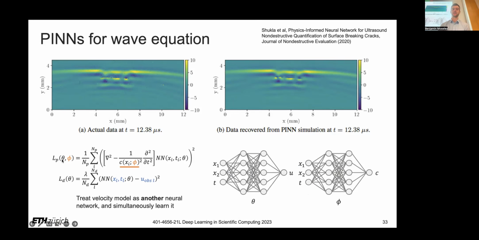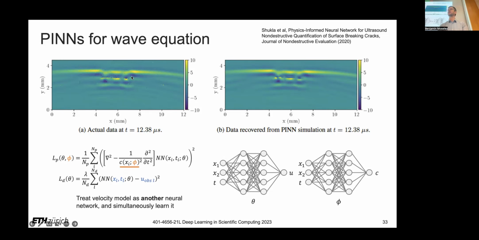We're optimizing two things. We're optimizing the neural network, which represents the solution of the differential equation, and we're also optimizing the velocity inside that differential equation. And the cool thing is we're doing both of those at the same time. You can think of the neural network as just trying to fit the wave field, the observations that we have.